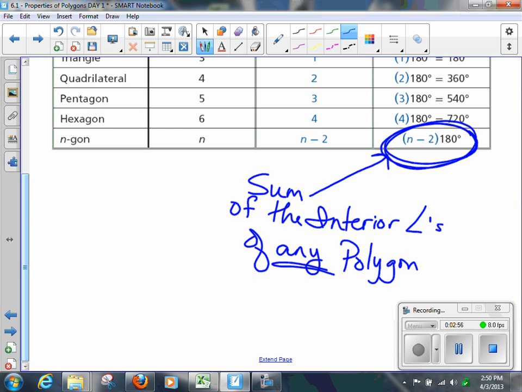The sum of the interior angles is n minus 2 times 180. You're going to hear me say it that way all the time, over and over again, to help you remember it.